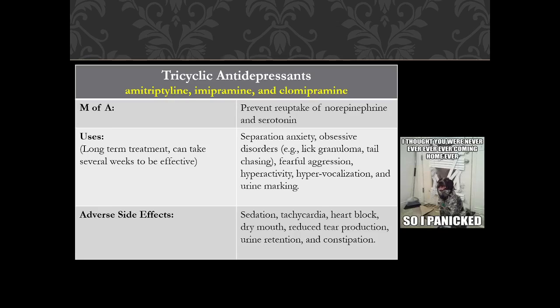It is a long-term treatment because it can take several weeks for it to actually be effective. So once I start this medication, they're going to be on this medication for at least 3 months before I will tell them whether it's working or not. Adverse side effects would be sedation, tachycardia, heart block, dry mouth, so we have an arrhythmia or slow heart, dry mouth, reduced tear production, urine retention, and constipation.